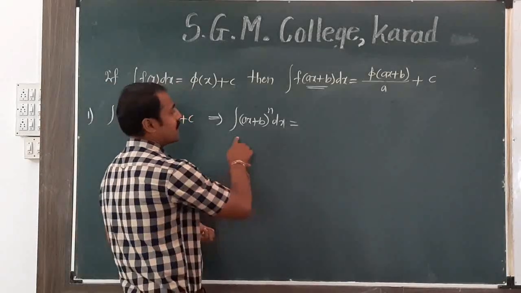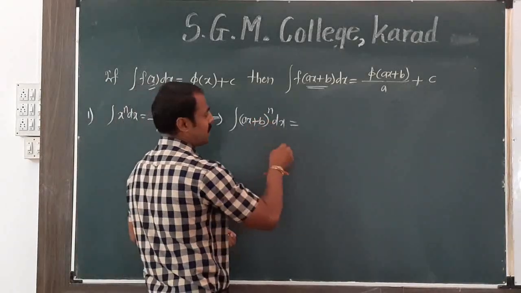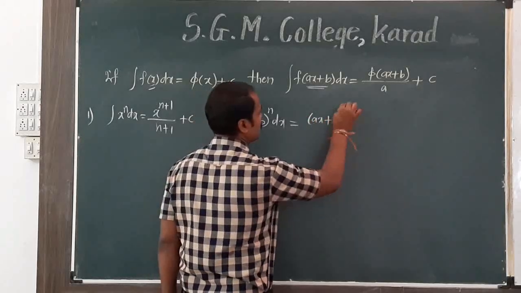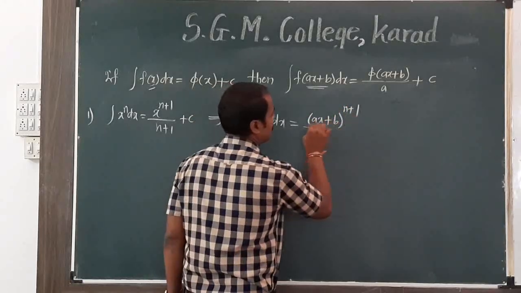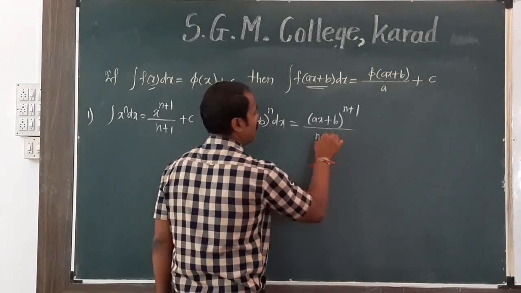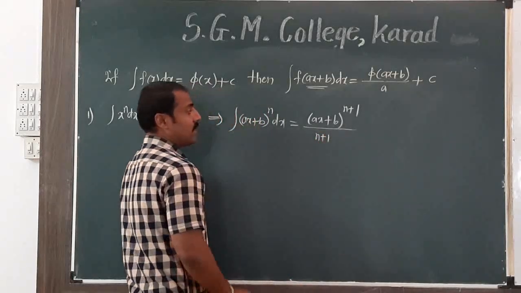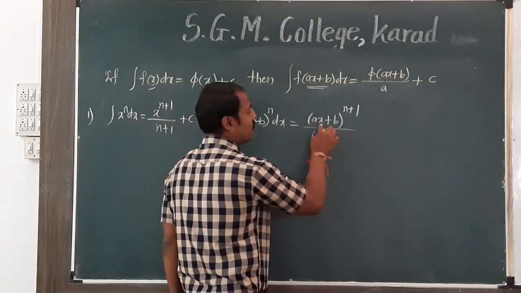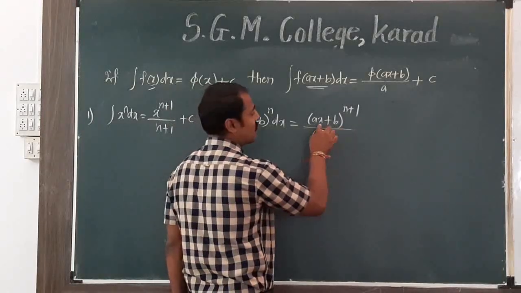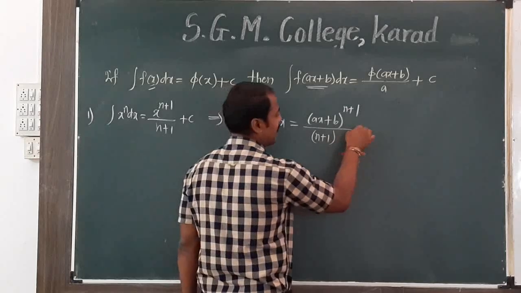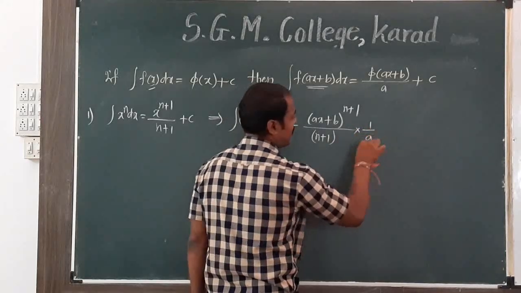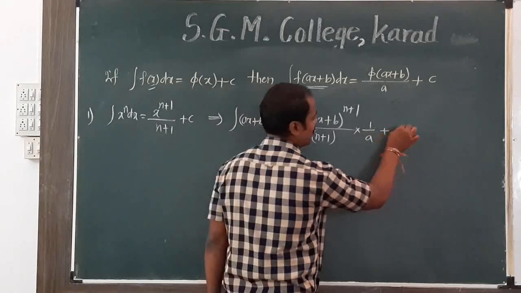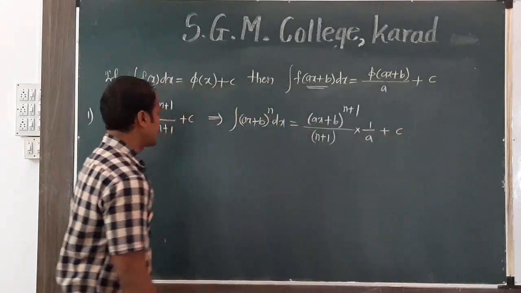So integration of (ax plus b) raised to n is (ax plus b) raised to n plus 1 divided by n plus 1. Don't forget to divide by the coefficient of x, that is a. Here I multiply by 1 upon a, plus constant of integration c.